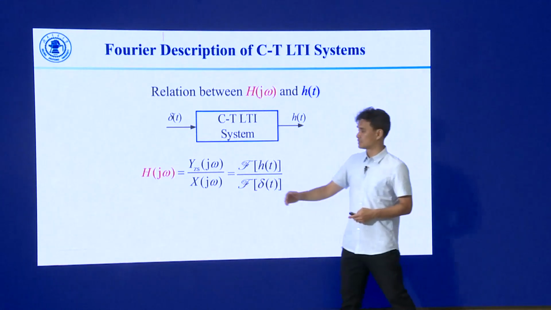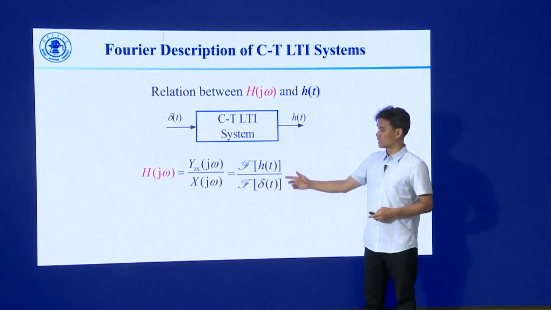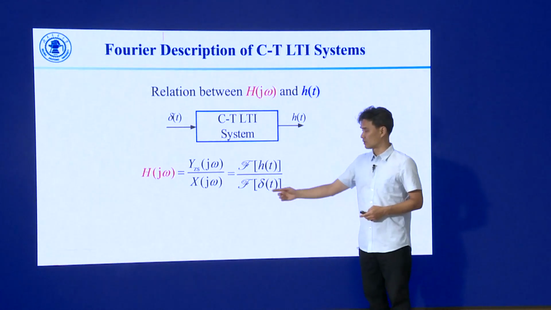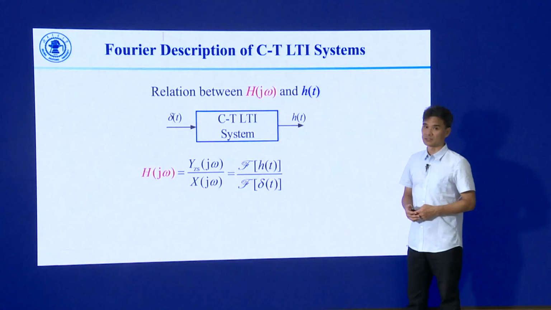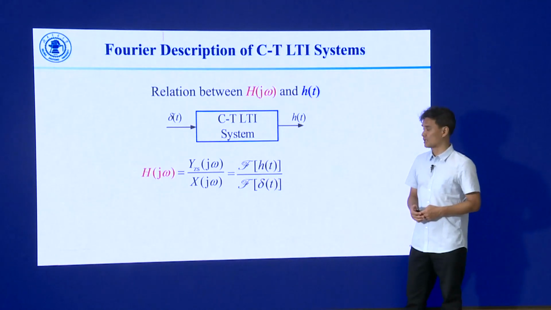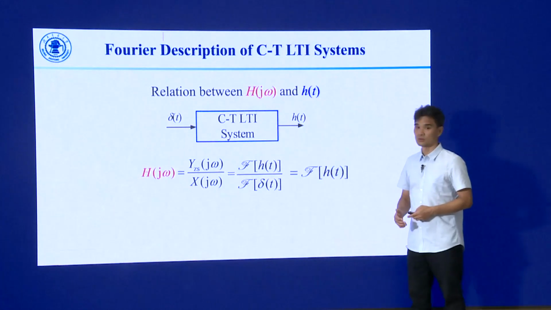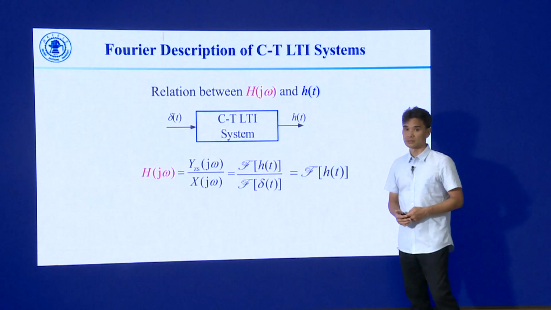And we can select the input signal equal to the delta function. So the output will be the impulse response. And we know that this signal's spectrum is equal to the DC component 1. So we get the conclusion one more time. They are all equivalent.